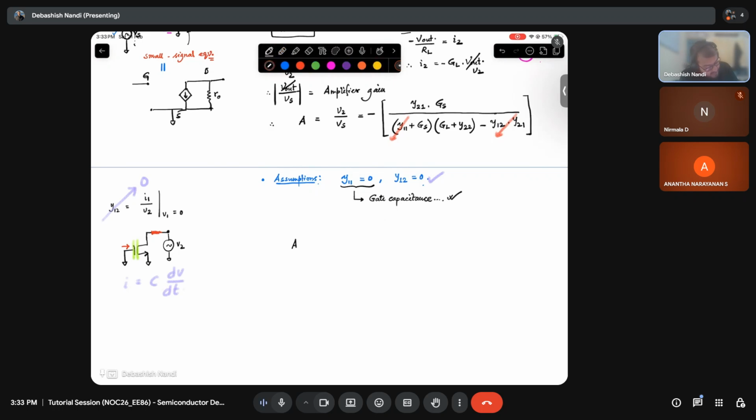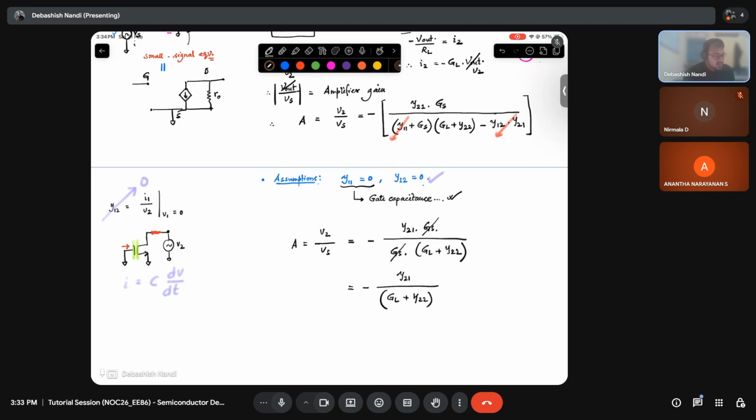My A will be V2 by Vs is equal to minus Y21 times Gs divided by Gs times GL plus Y22, right? So this Gs gets cancelled. So this becomes Y21 divided by GL plus Y22.